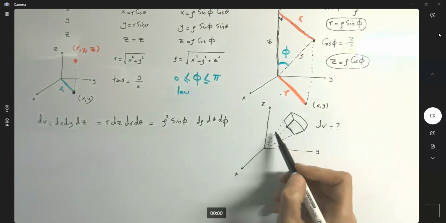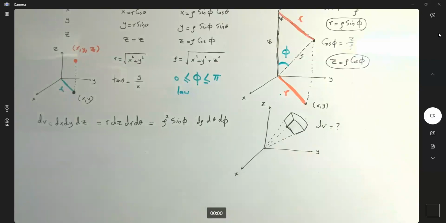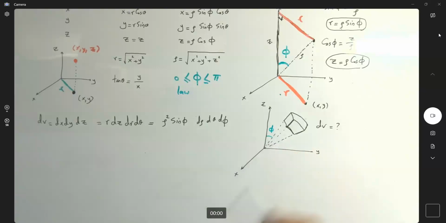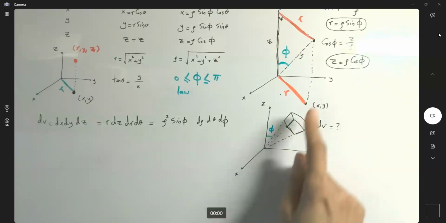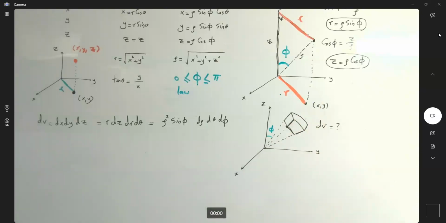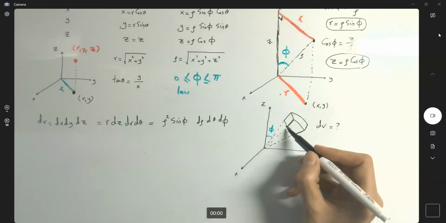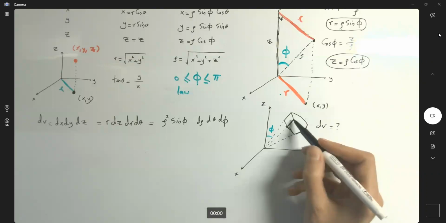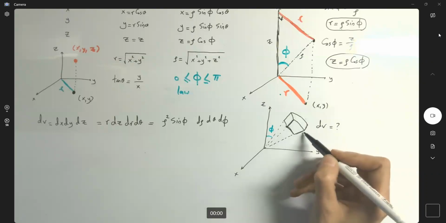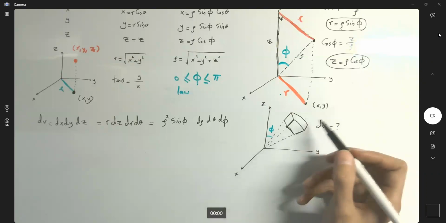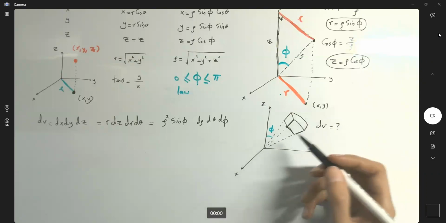Remember that you had your phi here. This is the angle between the positive part of the z-axis and the line connecting the point to the origin. Take a look at these parts. We're going to try to relabel these using our rho, our phi, and the rest of them.